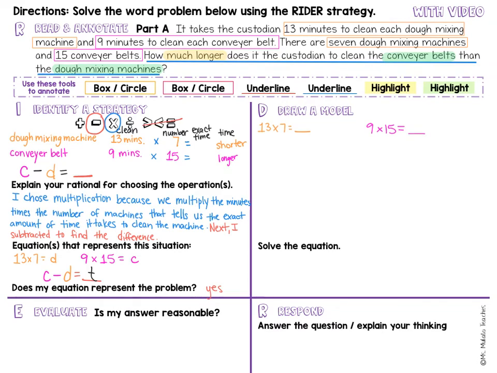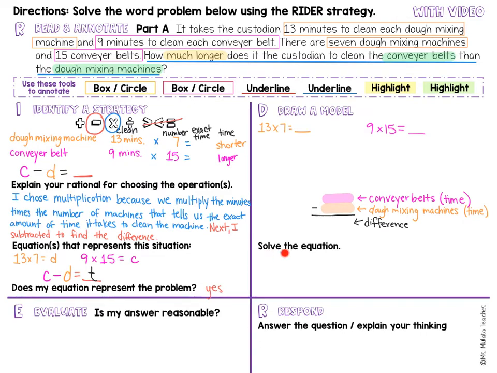You will take the number of minutes that it took to clean the conveyor belts minus the number of minutes that it took to clean the mixing machines. And that will give you the difference, telling you how much longer it took the custodian to clean the conveyor belts. Pause the video so you can solve those 3 models using the models of your choice.